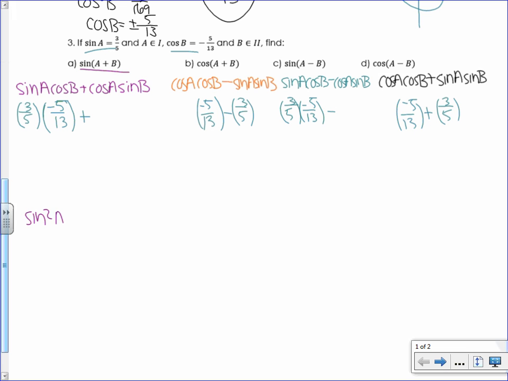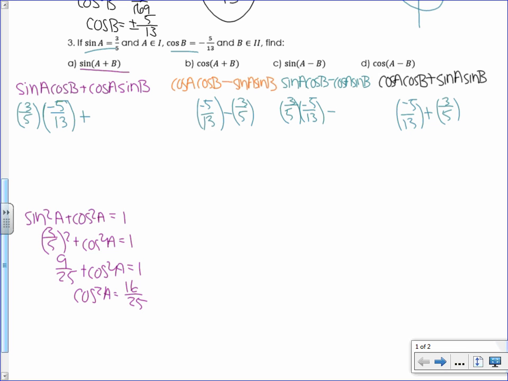I'll do the A's first. So sine squared A plus cosine squared A equals 1. This is going to be 3/5 squared plus cosine squared A equals 1, which is really 9/25 plus cosine squared A equals 1. Subtract that over, you're going to get 16 over 25.